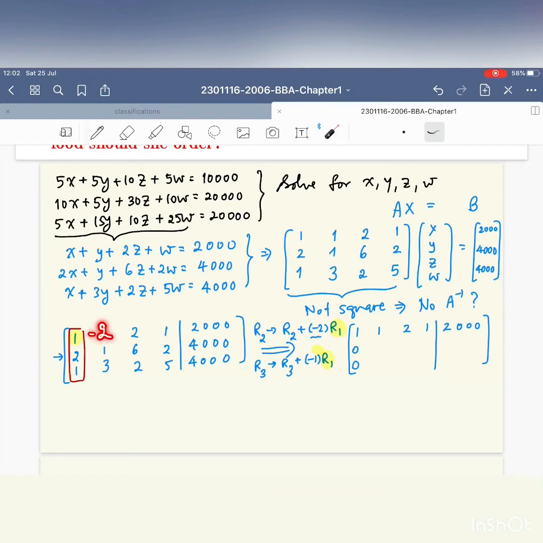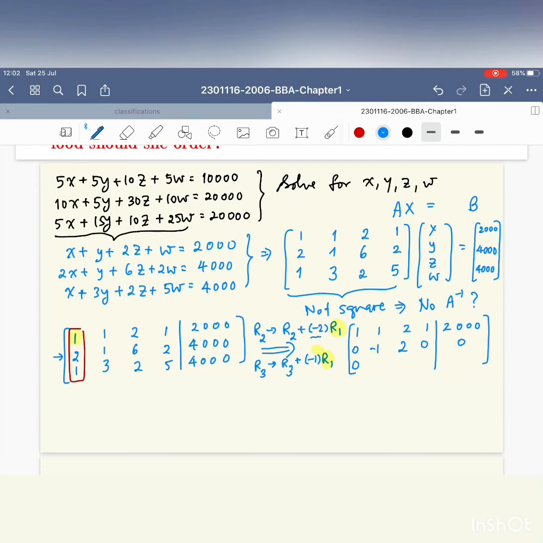So you got negative 1. Here you have negative 4, so you got 2. Here you have negative 2, so you have another 0. And here you have negative 4,000, so you happen to get 0 here, okay?